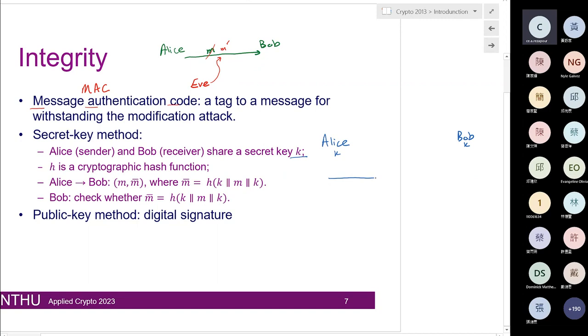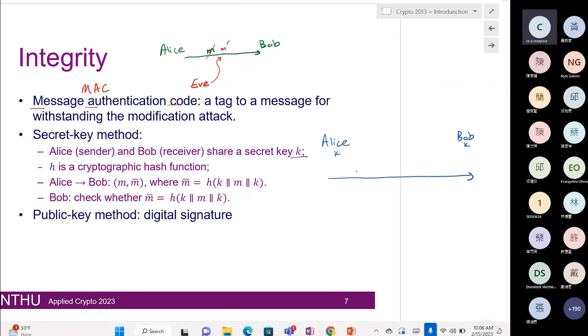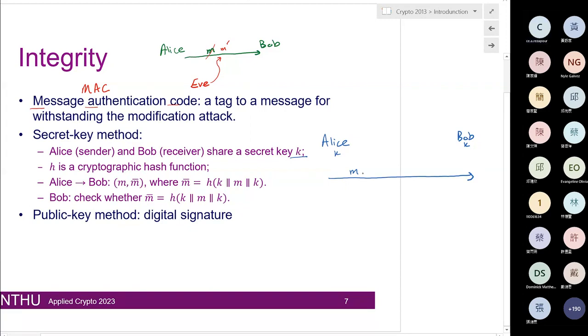For now, let's pretend that we don't want to provide confidentiality, which means everybody should be able to see the message on the internet, but nobody should be able to change it. So Alice would send this message M along with the MAC, which we call M bar, computed with the hash of key concatenated to message concatenated to key again.